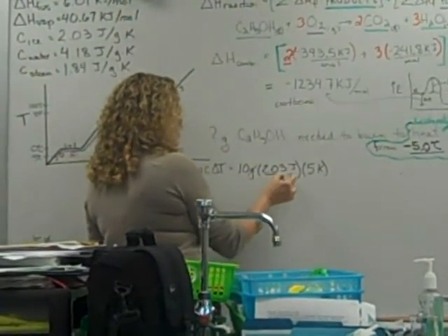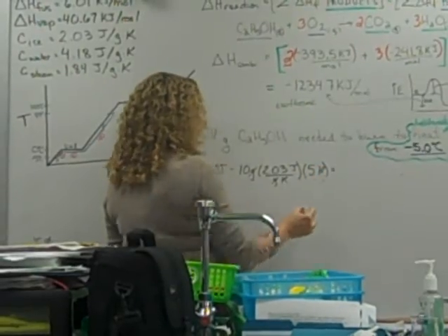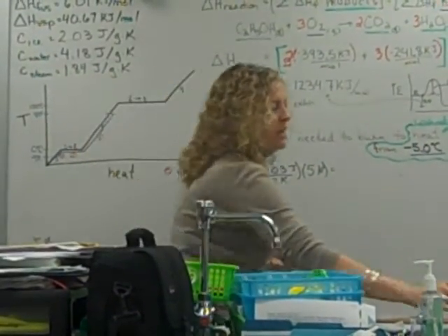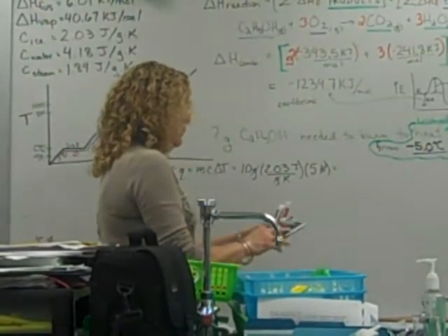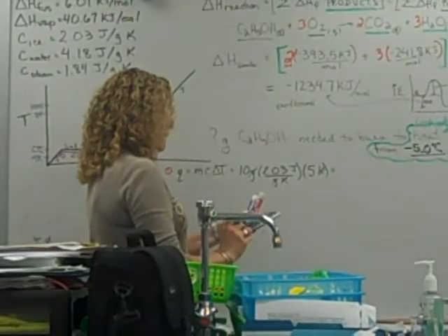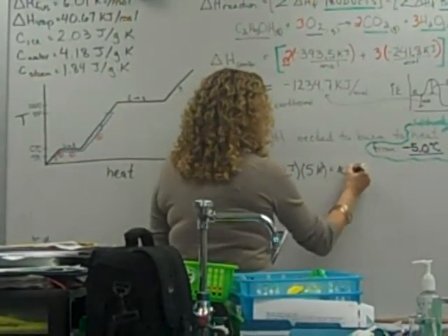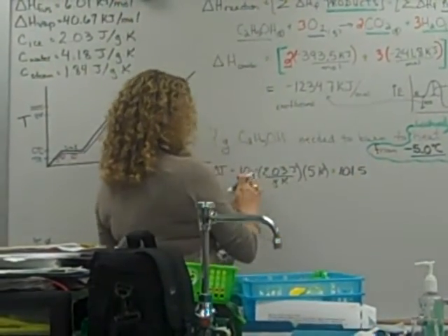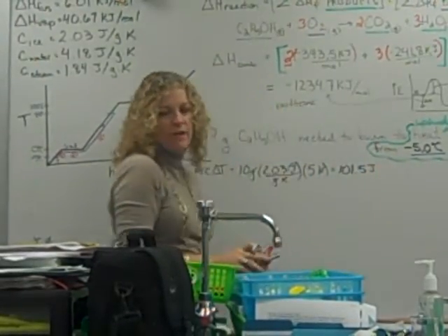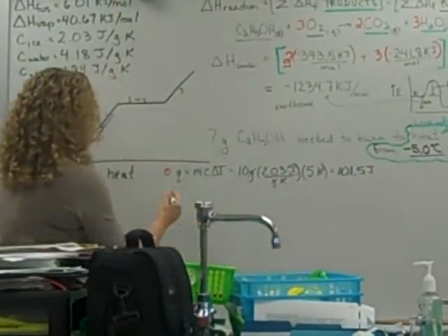The grams will cancel out, the Kelvin will cancel out, and so we have 10 times 2.03 times 5. What did you guys get for that step? 101.5, and the units are going to be joules. Got to keep track of that. Make sure that you know if it's joules or kilojoules.